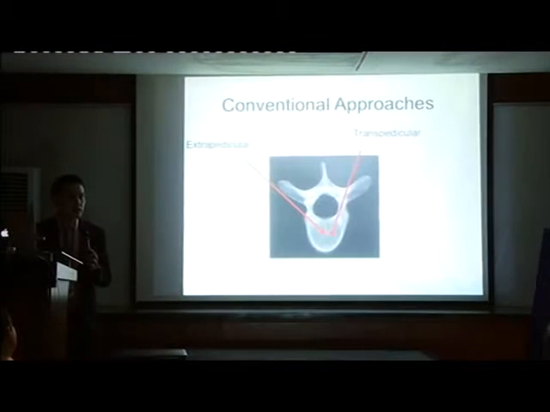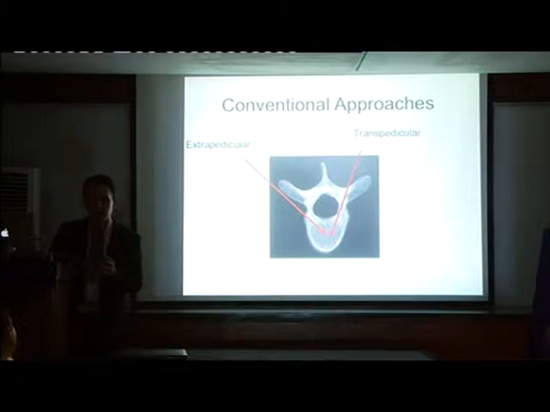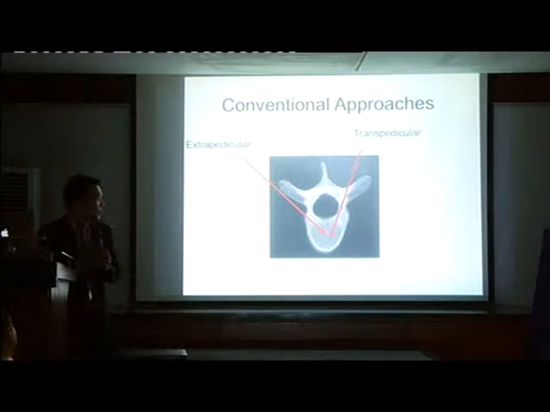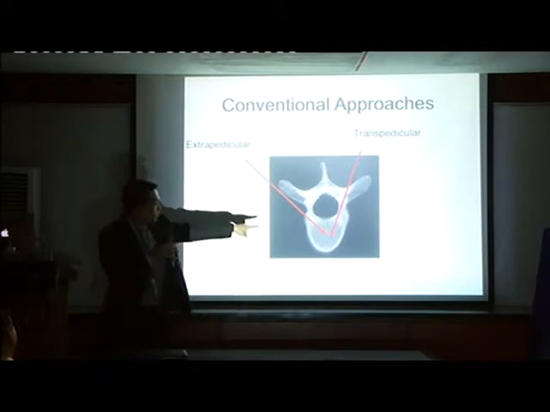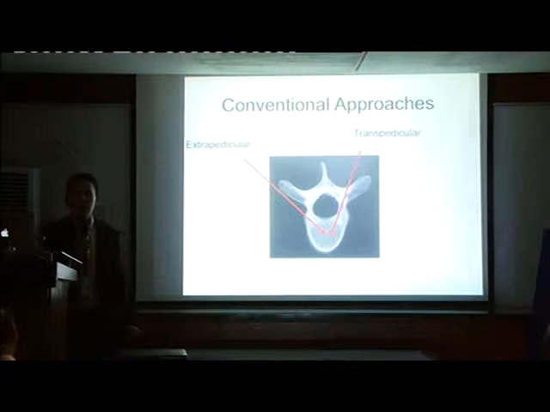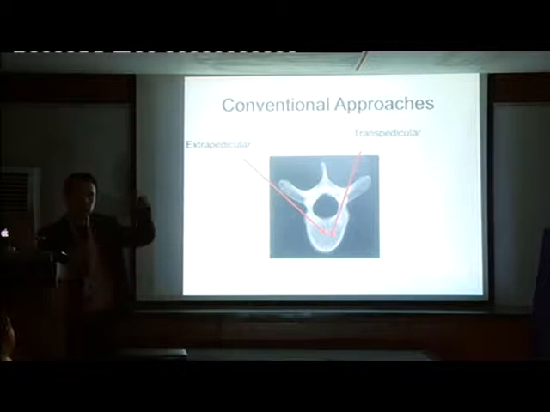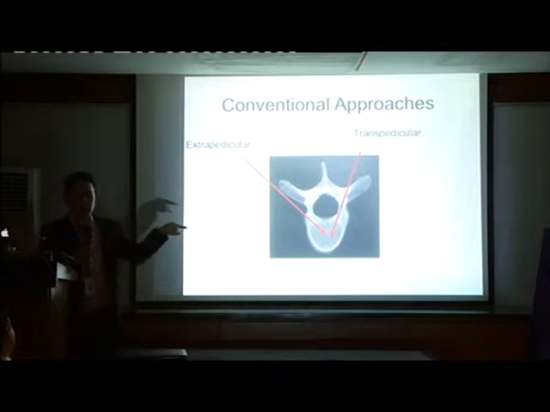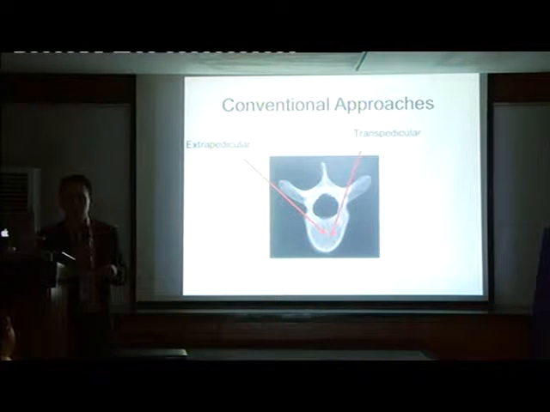If you look at the axial view of your vertebral body, which we don't have the luxury of doing under fluoroscopic guidance, you look at your pedicle, which is right there, and then the arrows are pointing towards your target. There's two ways to approach that vertebral body. One way is the conventional transpedicular approach, which means you're going right through the pedicle, you stay in the pedicle the whole time, and then you end up in the middle of that vertebral body.